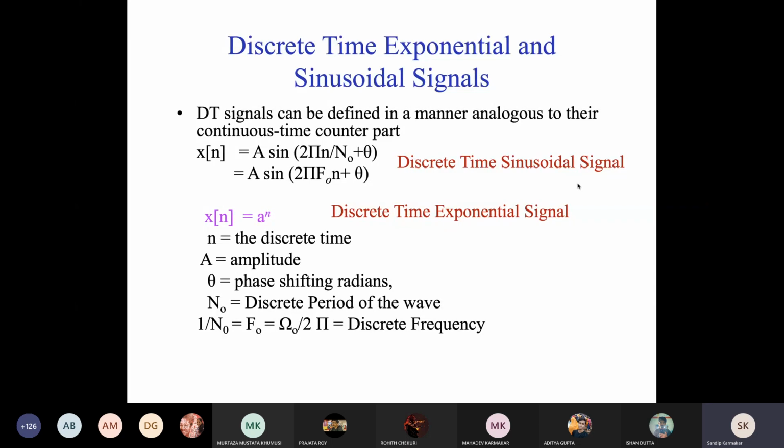A discrete time exponential signal is given by x[n] equal to a to the power n. In these equations, n is the discrete time, A is the amplitude, theta is the phase shift in radians, N0 is the discrete period of the wave, and 1 by N0 equal to f0 is the discrete frequency, equal to omega 0 by 2 pi.